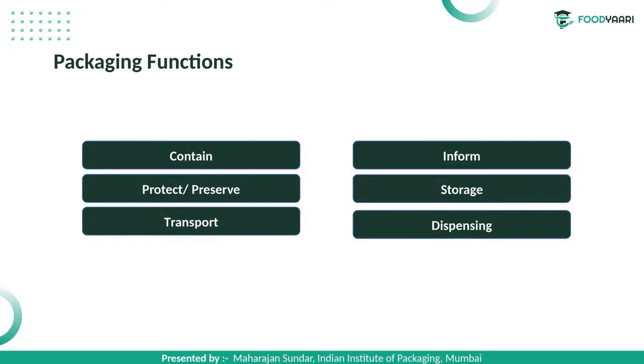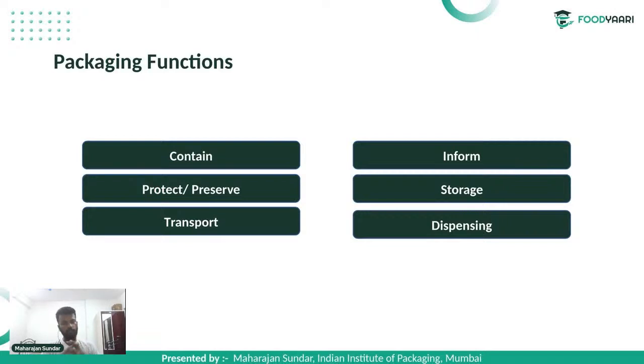Packaging functions. Packaging is made to serve certain basic functions, out of which four are major. Contain the product inside, protect or preserve the product, help to transport the product from the manufacturing site to the end user, inform the customer about what is really inside, and help in storage and dispensing of the product.